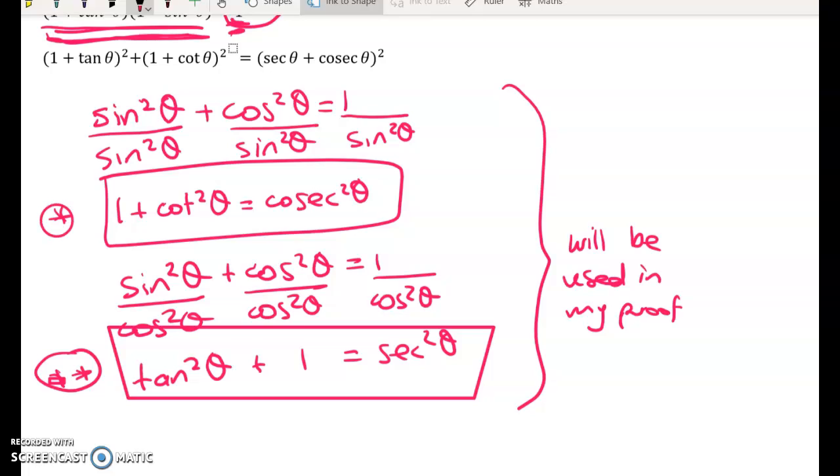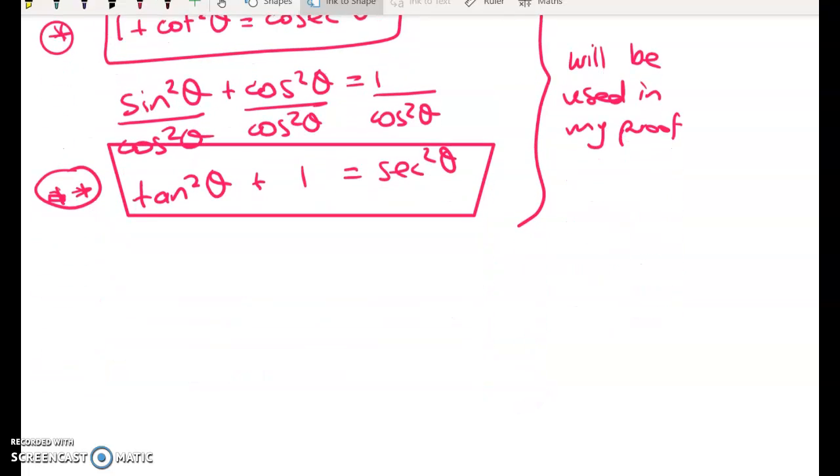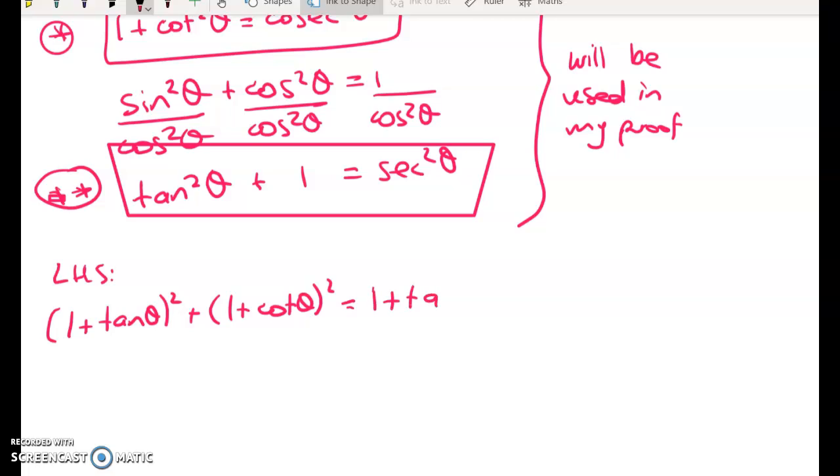Now let's get going. We're going to start on the left-hand side and we're going to look at what we've got here. So 1 plus tan theta squared plus 1 plus cot theta squared is the left-hand side. And that equals 1 plus tan squared theta plus 2 tan theta plus 1 plus cot squared theta plus 2 cot theta.